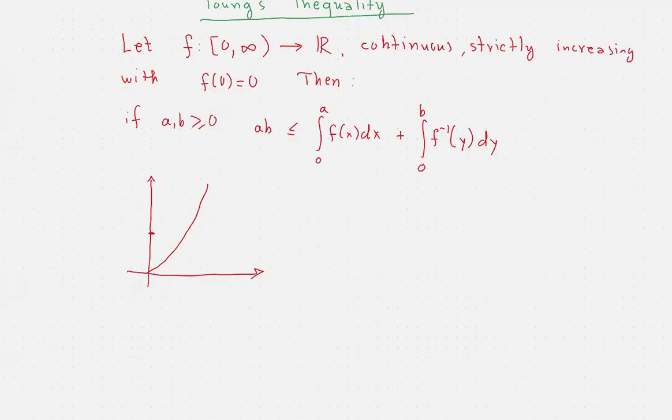And then we're saying that if we take the rectangle, then that's less than or equal to the integral of the function f from 0 to a, which is this one, plus the integral of its inverse function from 0 to b. And you can, of course, see here that this is the case. It's just shown graphically.